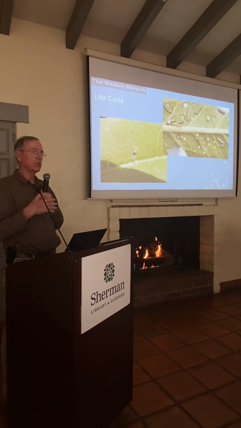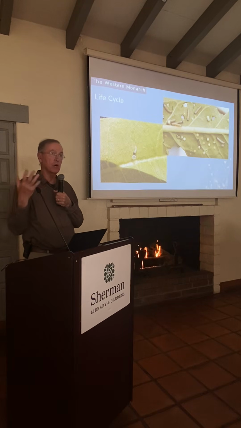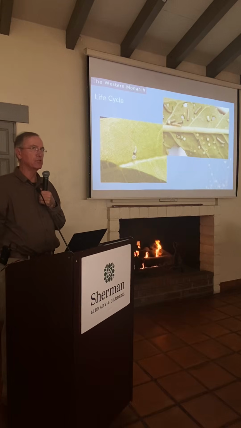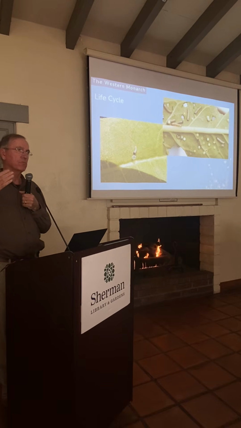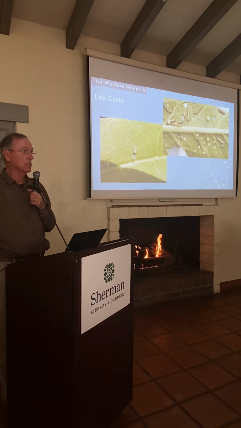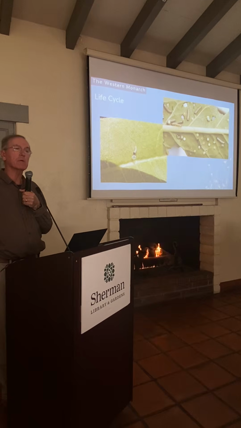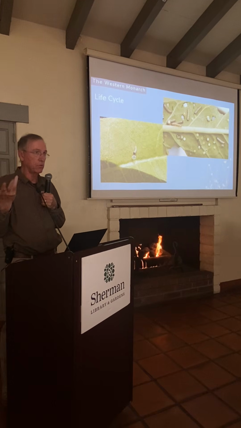And during that 2-week period, while it's in the larval stage, the caterpillar stage, it'll shed its skin 4 times, about 5 what are called instars. So 5 growth stages that are part of that larval growth.